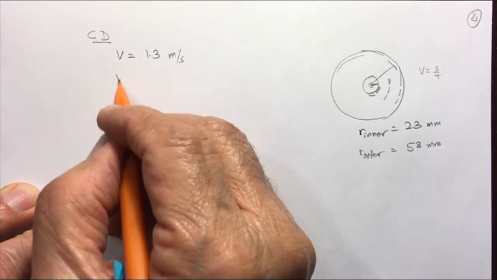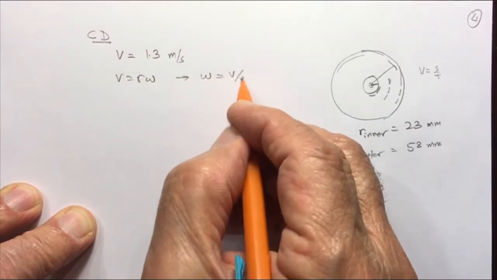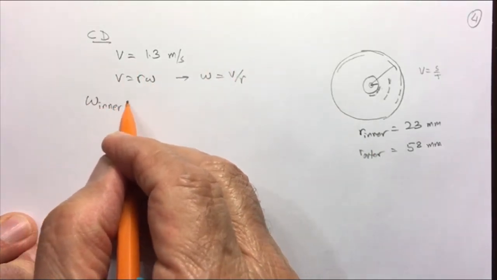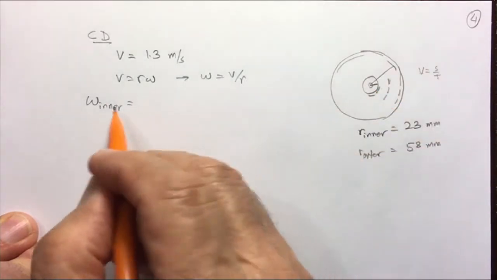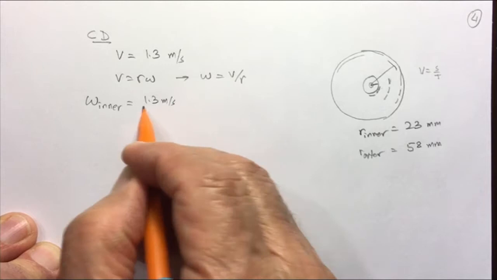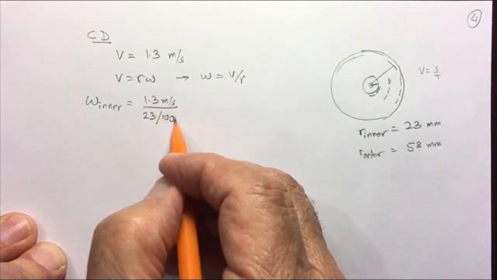Now, using v equals r omega, we can get omega is v over r. So omega, when it's at the inner location, is v is 1.3 meters per second, and the radius is 23 over 1,000 meters.